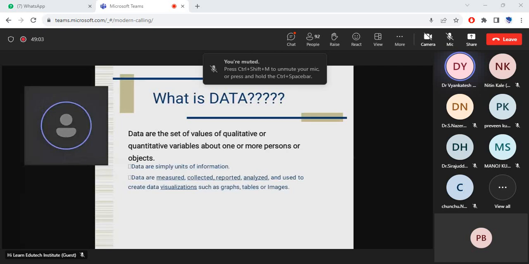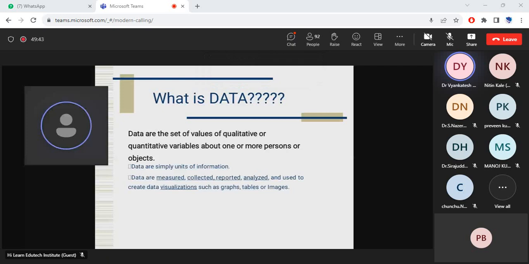So this is about data collection, and this is about your data, whatever you are going to be dealing with. Data can be a single point or multiple points, collected by a single method or multiple methods. Whatever data you collect should be utilized in different ways, and the data will be stored and retrieved when you require it.